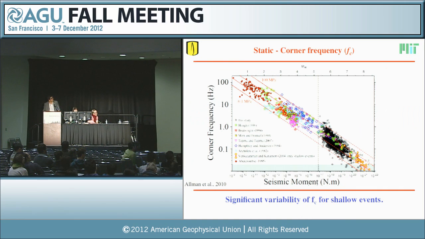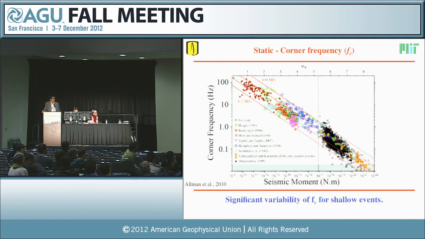Now, this here is showing you some of the source parameters that we use to describe the earthquake source. This is taken from Allmann et al. We have seismic moment, the size of the earthquake, on the x-axis, and the corner frequency, the point where the spectra starts to drop down.